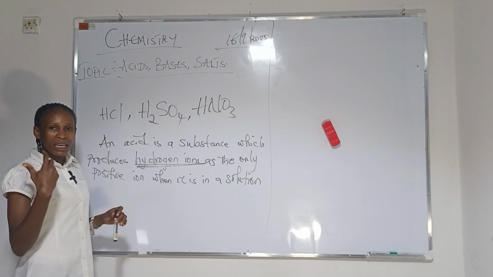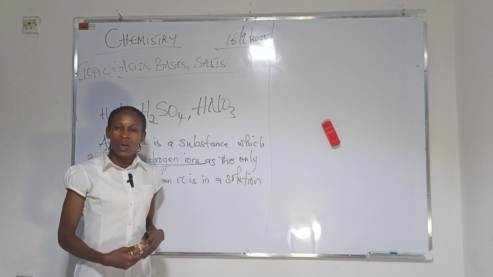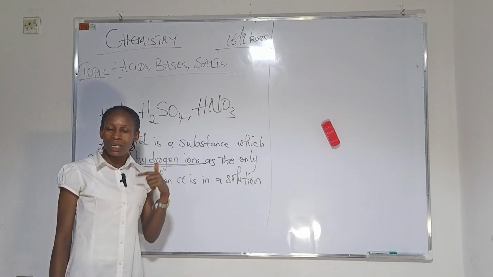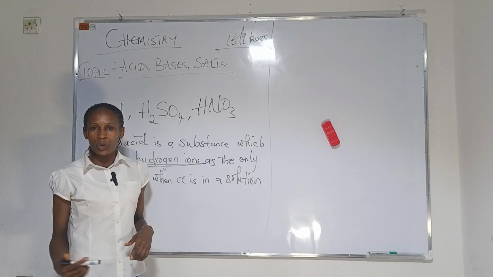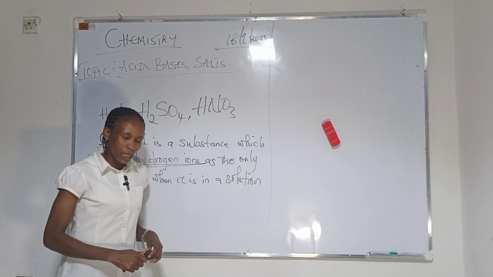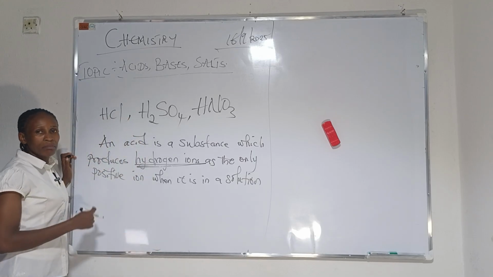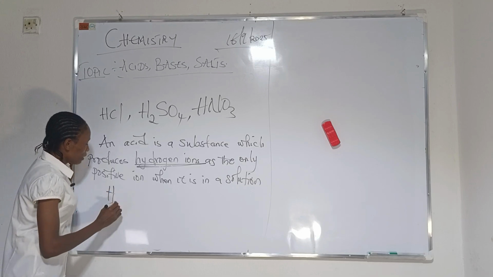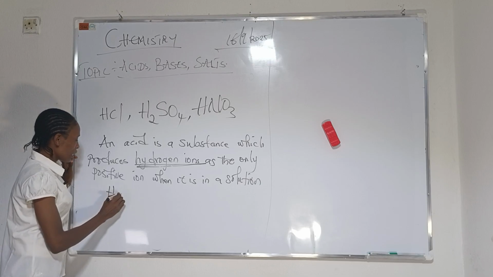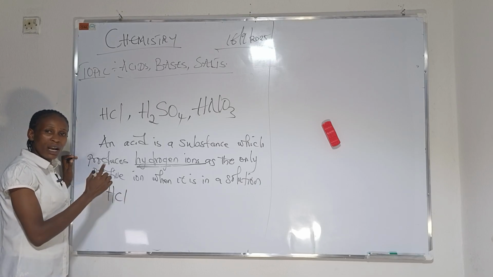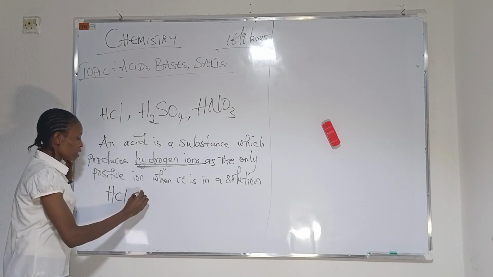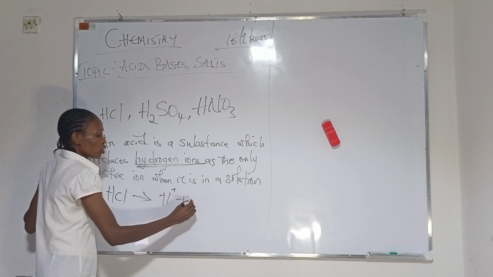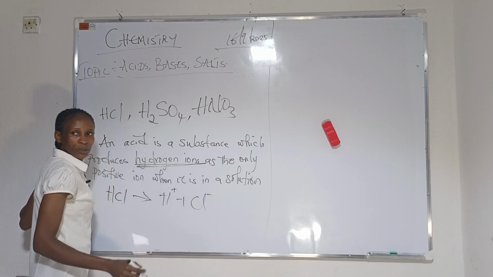When what we call in chemistry ionization or dissociation takes place, that is when this hydrogen ion can be produced. Let's pick the first one, hydrochloric acid. When dissociation comes in, it will give me hydrogen ion plus chloride ion.